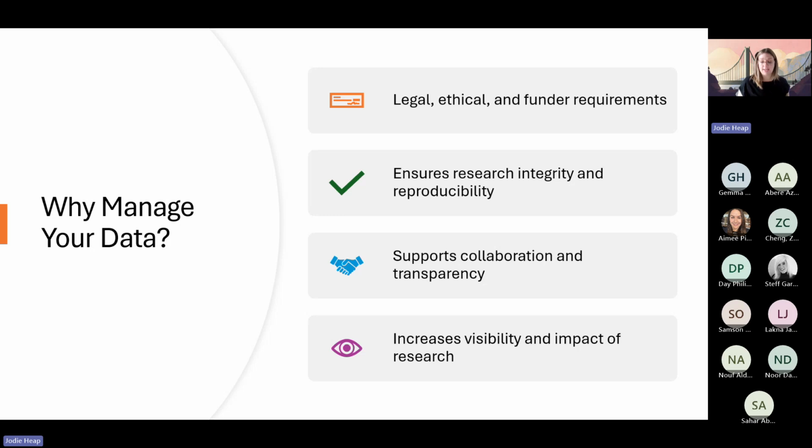When we talk about data and handling it and sharing it and considering how we process it, one of the wider conversations that has really come to the front in the last 10 years or so is around reproducibility and research integrity.